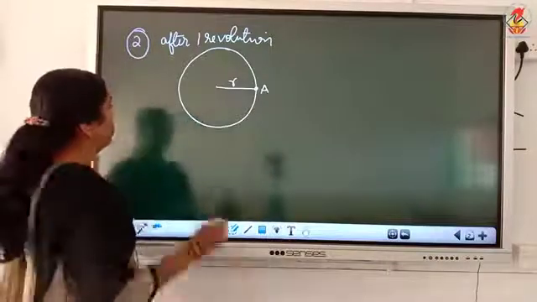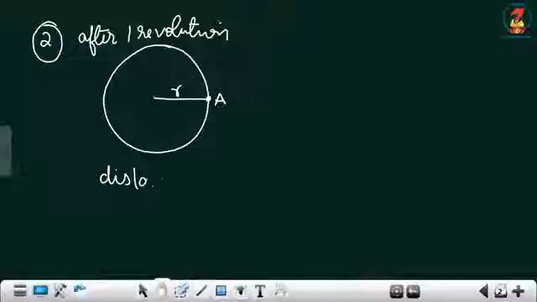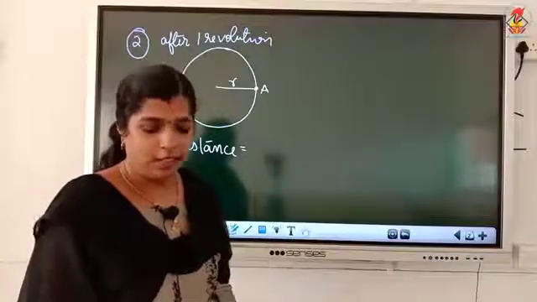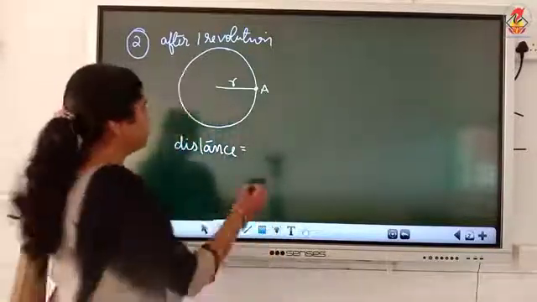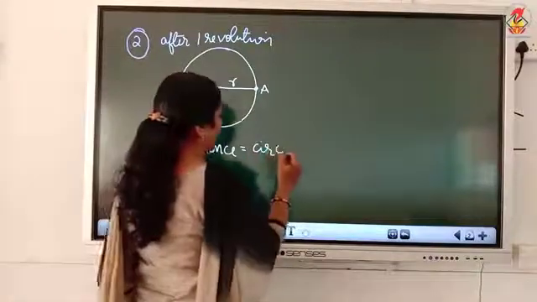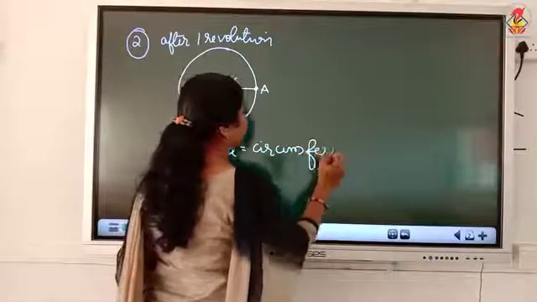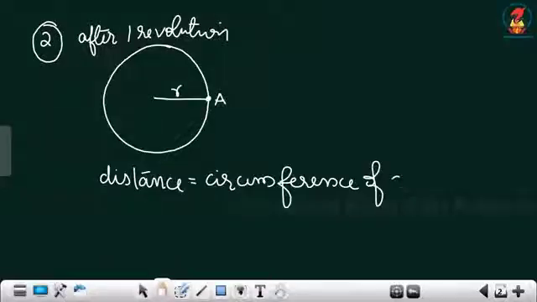Now, what is the distance in this case? How will you find the distance here? It's moving in a circular path of radius r. Distance travelled equals the circumference of the circle.